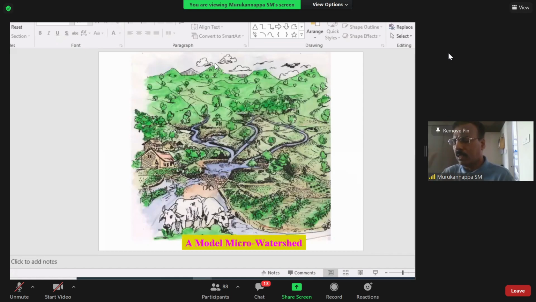One thing you have to clear here, in the watershed, the conservational measures are not much in the irrigated area. You have to remember this. Conservation is required where there is water scarcity. Crops need more and more water, so in that area you have more conservational measures.